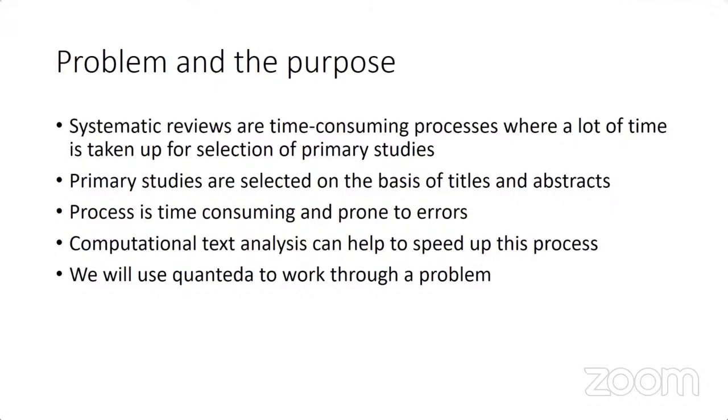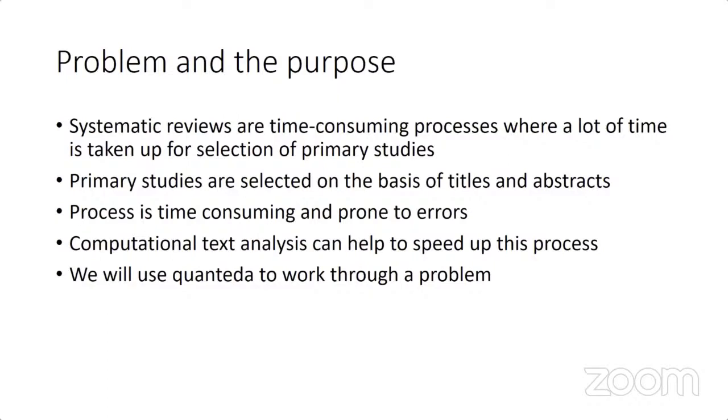But after you obtain your total number of primary studies, it can often go up to hundreds, and sometimes, I have seen in my previous experiences, several thousand studies need to be analyzed on the basis of their titles and abstracts. This process is time consuming and it is prone to errors.